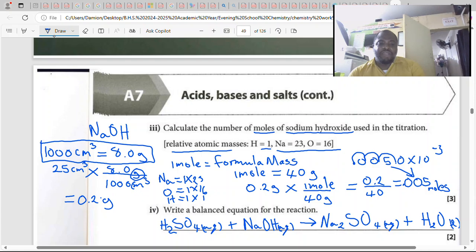You do your inventory of all the elements or the ions. In this case, if we are seeing the polyatomic ion on both sides, the sulfate, we treat it like an element. So we know that we need to get this sodium. We have 1 sodium on this side, 2 sodium on the product side, and we want to get 2 on this side. So we put a coefficient of 2.